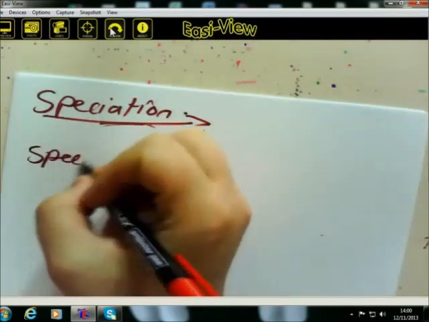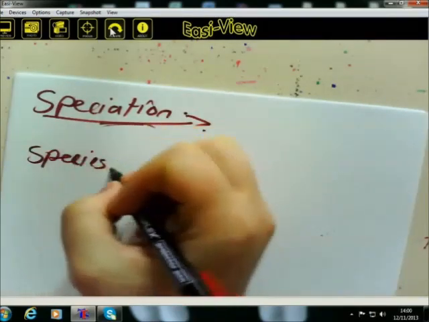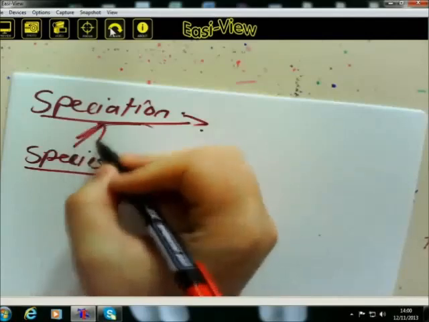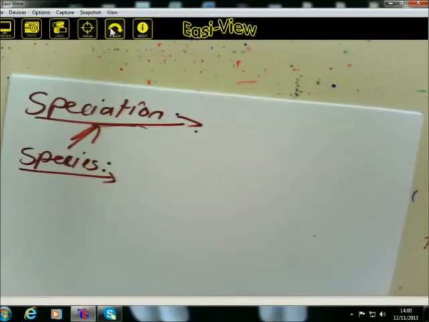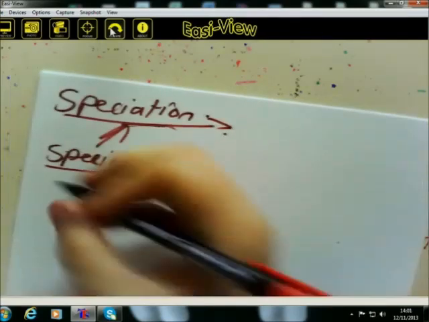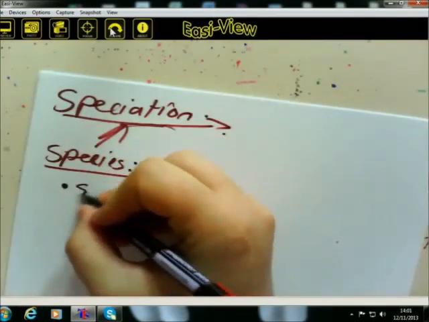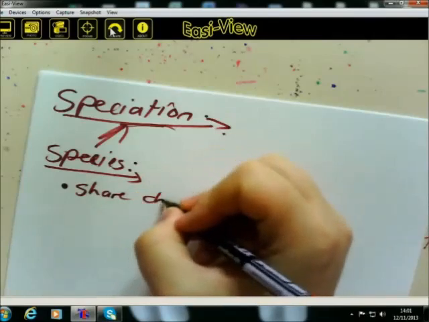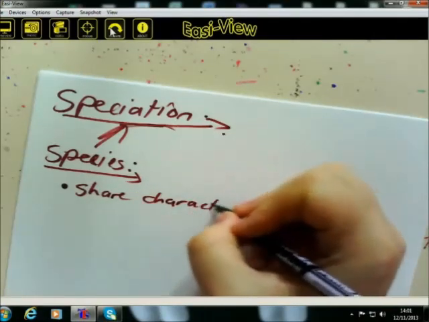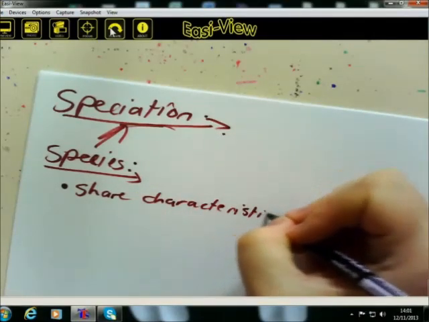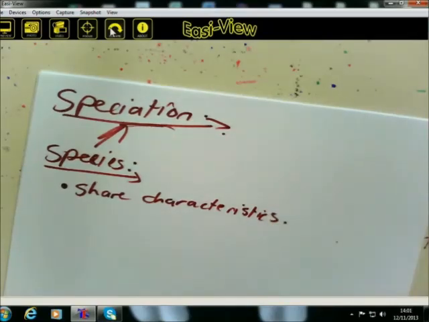So the first thing that we have to know is what a species is, because this is where speciation takes its root word from. Okay, so a species is a group of animals that show the following. They share similar characteristics. Okay, so they look the same.